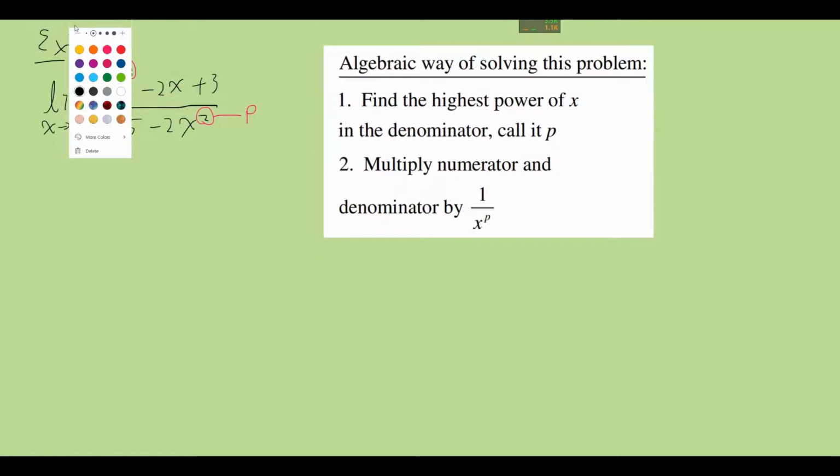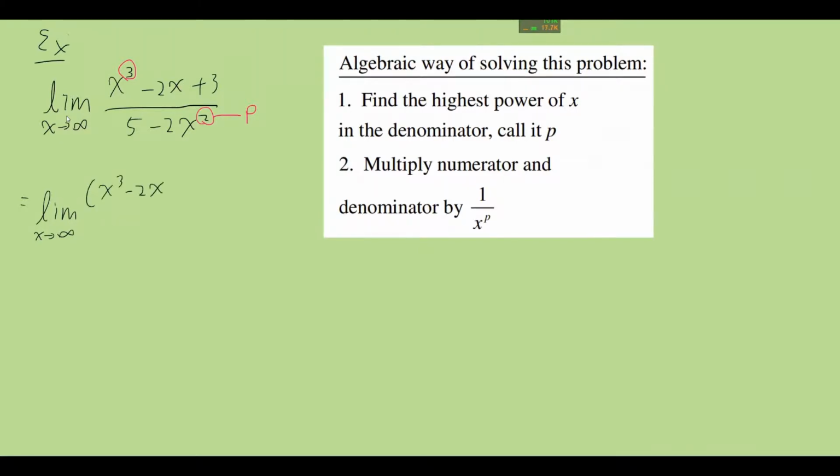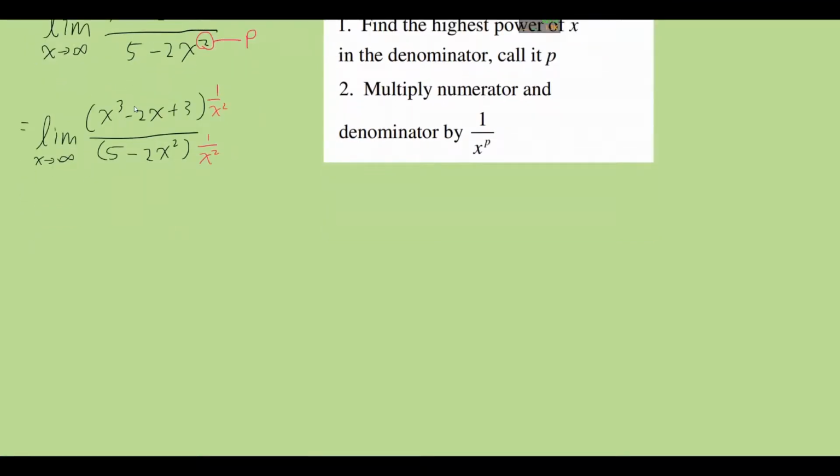Okay, so let's see. The limit as x approaches infinity of x cubed minus 2x plus 3 over 5 minus 2x squared, multiplied by the degree of the denominator, which is 1 over x squared, 1 over x squared, like that. And then do distribution.